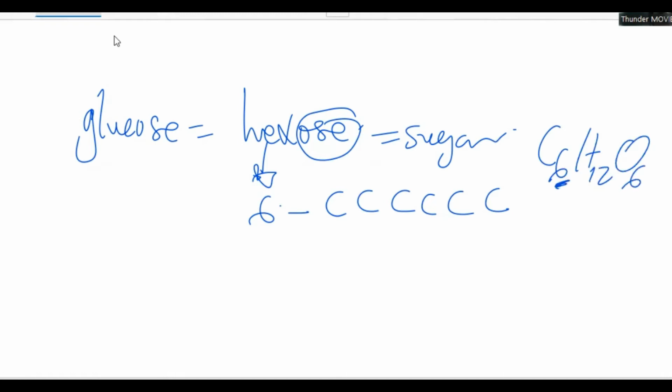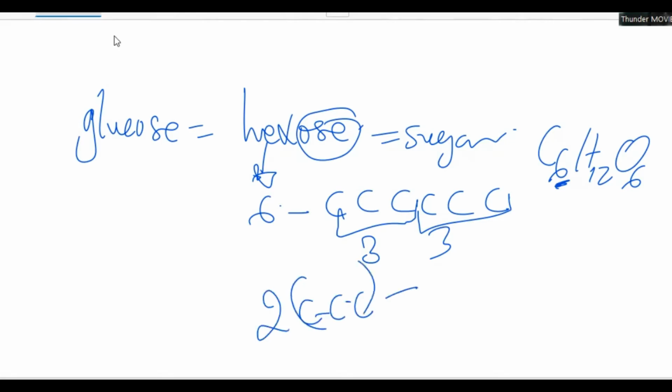During the process of glycolysis, the 6 carbon atom molecule is divided into 3 carbon atom molecules. Basically, it means that you form 2 three-carbon molecules. You understand? And this 3 carbon atom molecule is called pyruvic acid or pyruvate, depending on how you want to call it.